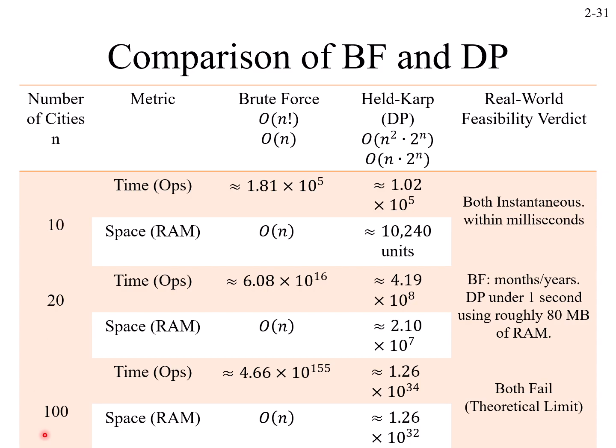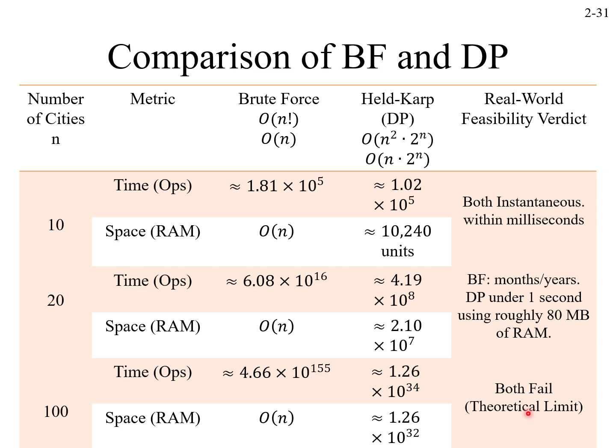NP hard is when you have a big problem, and for 20 cities, this is the complexity for time and space. As you can see, for dynamic programming, it's roughly 1 second. By using brute force, it takes several months or years. However, when the number of cities reaches 100, both fail due to theoretical limits.